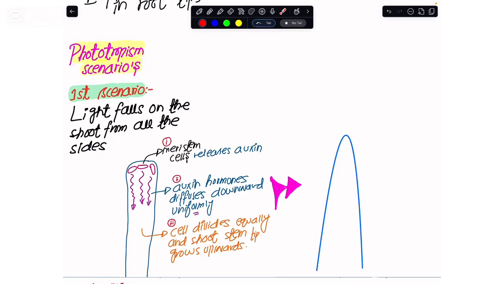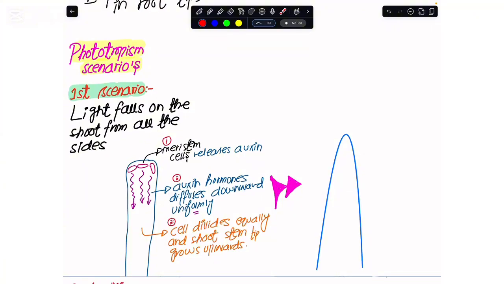In the first scenario, I take the light and allow that light to fall on the shoot from all sides equally. This is not the case that the light is falling on the shoot from only one side, but rather it is falling from all sides.